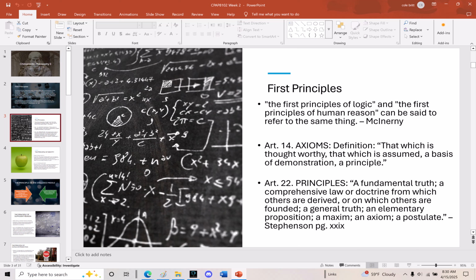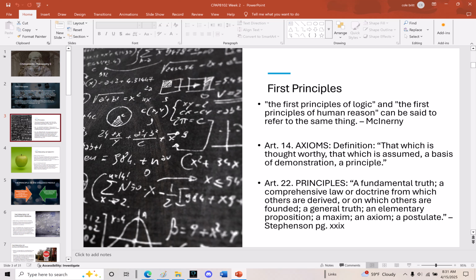A general truth, an elementary proposition, a maxim, an axiom, a postulate. So, axioms and principles are very much the same, almost synonymous, but they're fundamental truths on which we can build other ideas. Something real about the world, a clear idea, a truth about the world that we can then build other truths. Stevenson is going to use these principles in that long deductive argument to say something ultimately true about innate intelligence and about chiropractic.